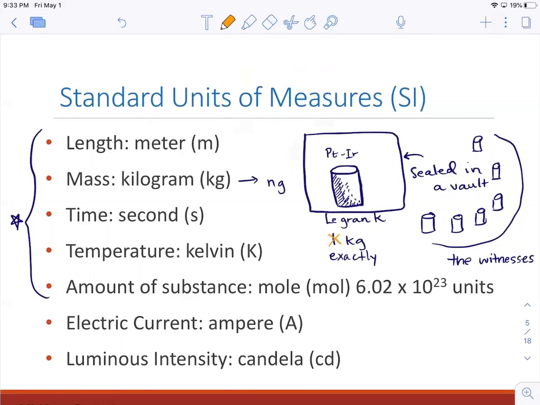So it was no longer a kilogram. It was actually less than the witnesses because they had polished it too much, because they were so obsessed with it. So then they don't use it anymore.